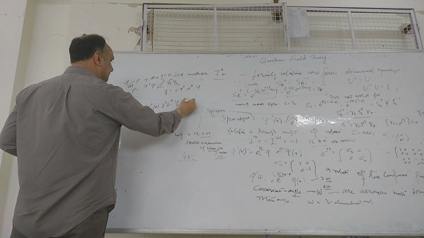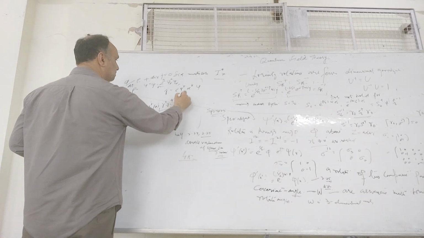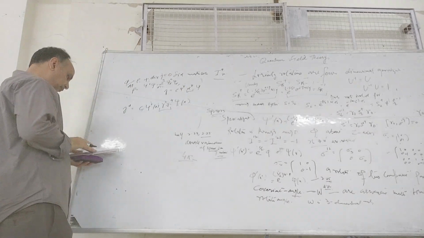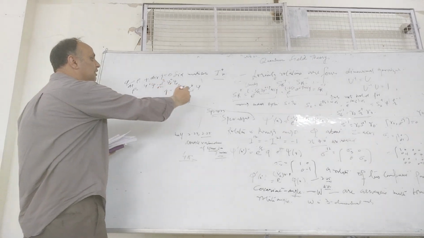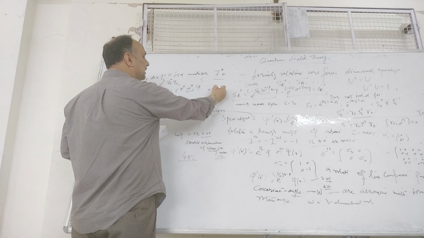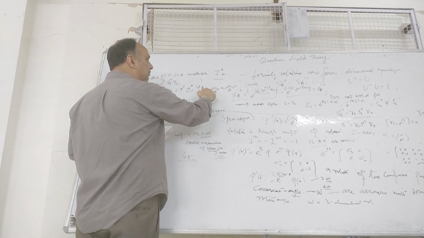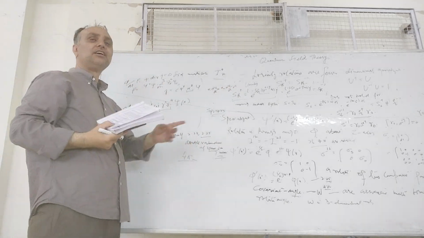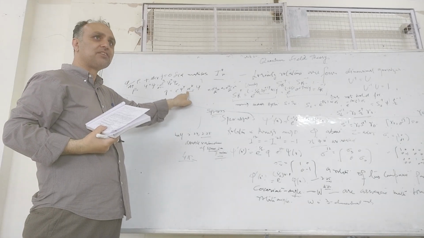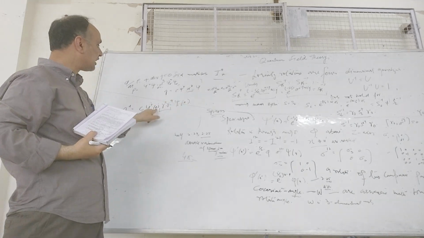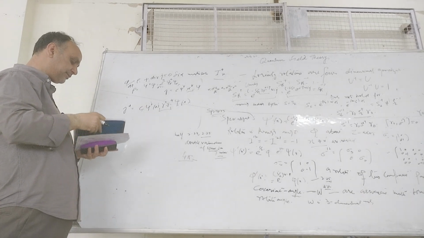Remember, we had the Dirac equation with alpha 1 d psi by dx1 plus alpha 2 d psi by dx2 plus alpha 3, so alpha 1, alpha 2, alpha 3 are the different Dirac matrices in the Dirac equation. This alpha is the value in terms of gamma. So can we write it like this?